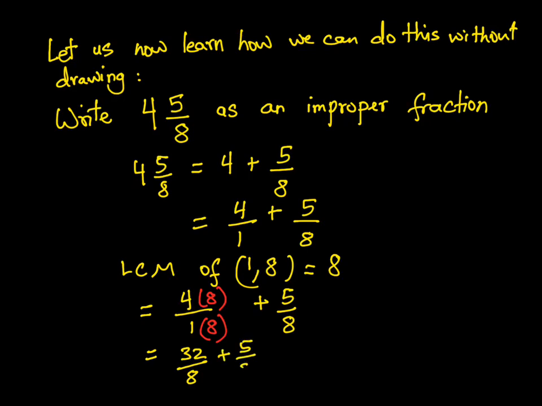So when you add them, you're going to get the answer as 32/8 plus 5/8 is 37/8. So basically you had 4 5/8, and that can be turned into 37/8.